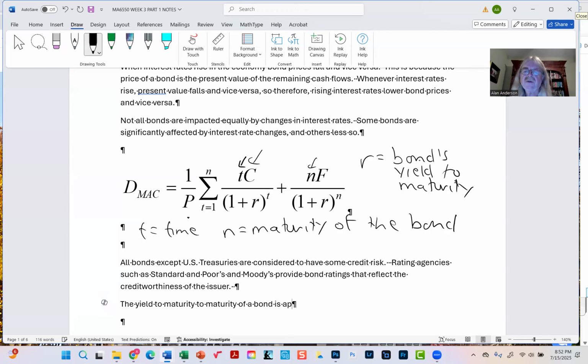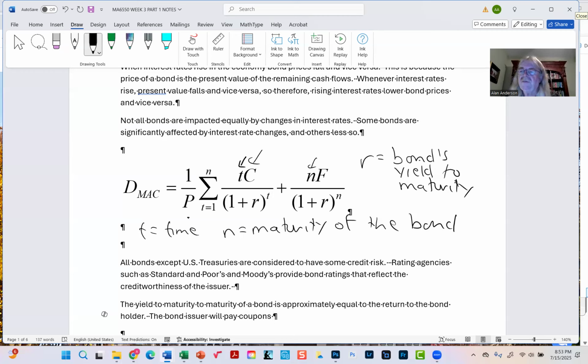It is approximately equal to the rate of return to the owner, although not exactly, because in order for it to be exactly the same, there are many strong assumptions that have to be met. It's approximately equal to the return to the bondholder. Now, where do your returns come from with a bond? Well, the bond issuer will pay coupons.